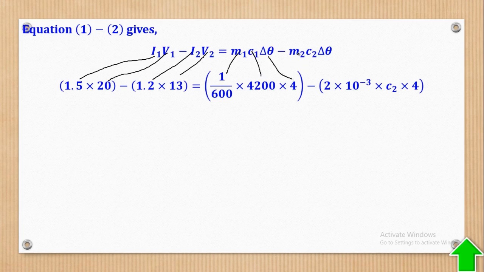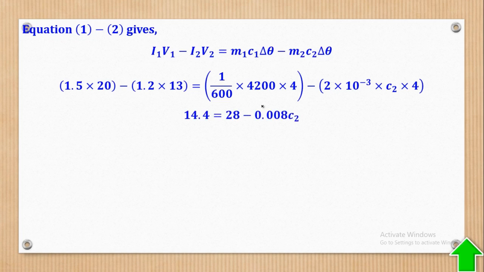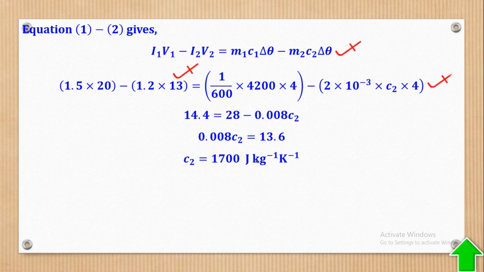Then M2 is that, C2 is not known, change in temperature is that, because it was from 16 to 20. So I have only one unknown, therefore when I simplify and make it the subject, C2 will be equal to 1700 joules per kilogram per Kelvin. So that's how the marks will be awarded.